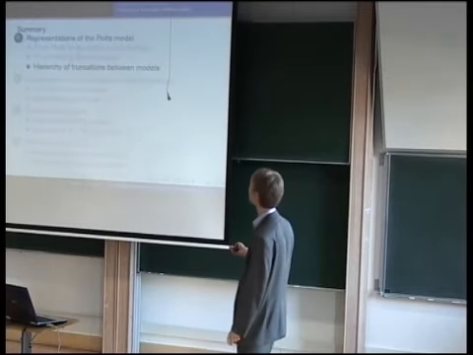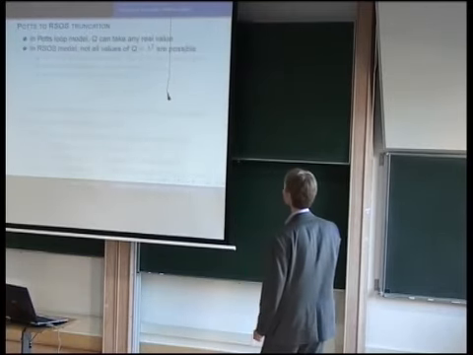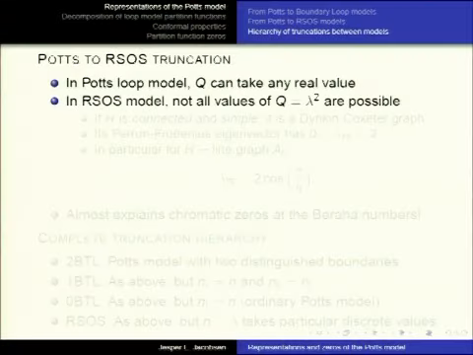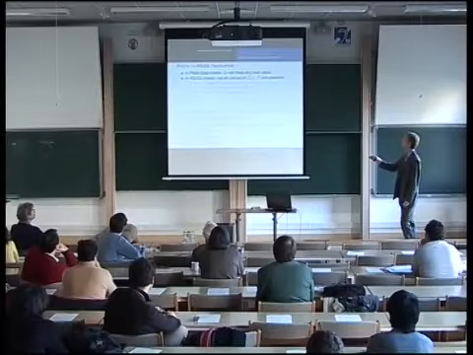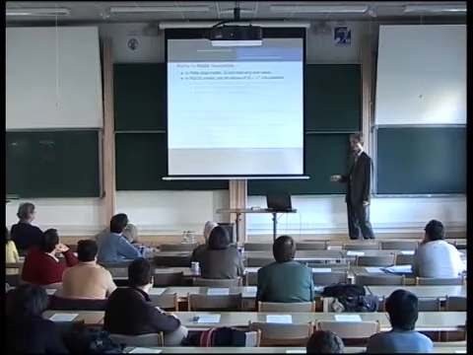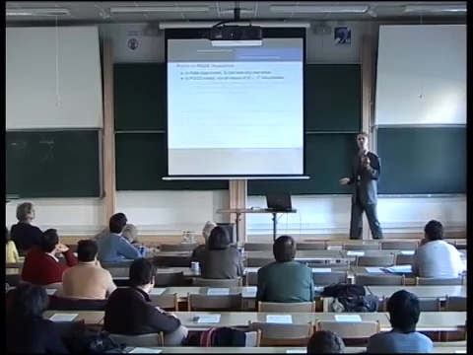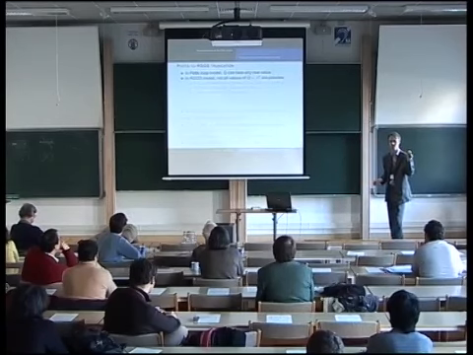And so I'm going to work with this hierarchy of models. So just think about the standard Potts model to RSOS model. So in the Potts model, Q can take any real value. And in the RSOS model, not all values of Q are possible, because Q is restricted to be lambda squared, where lambda is the largest eigenvalue of some adjacency matrix.